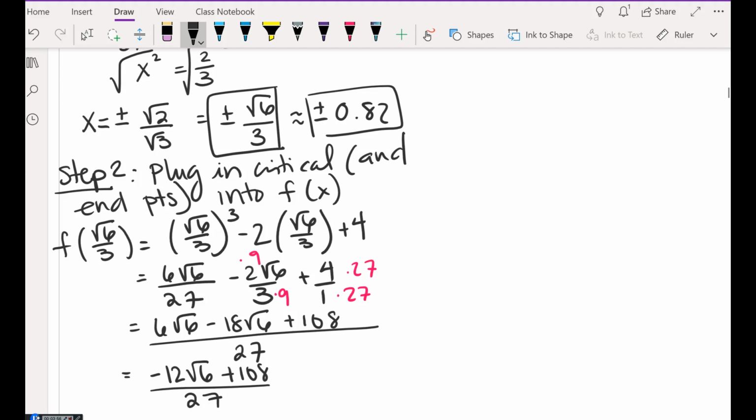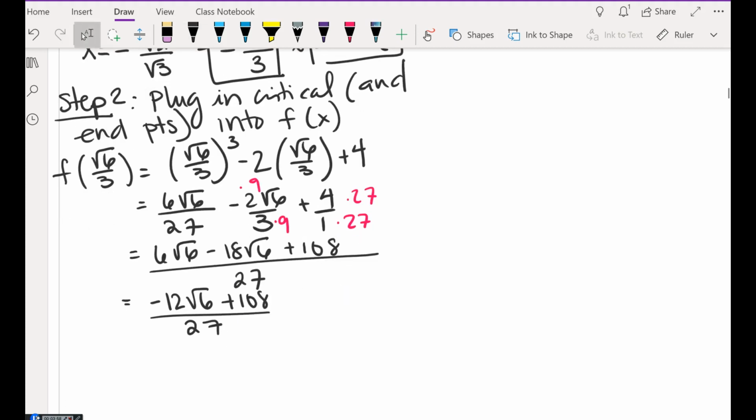27. 108, that is reducible by 3. Okay, so let's factor out a 3 in the front. Yeah, the 27's not going to help me. Yeah, that's okay.